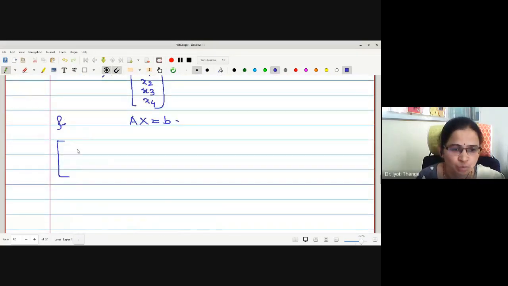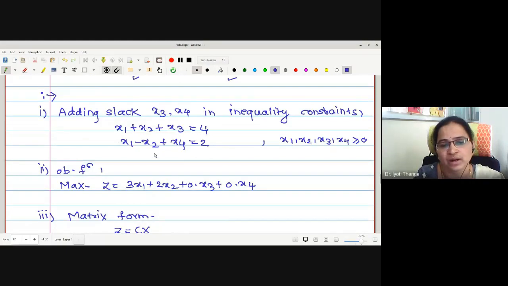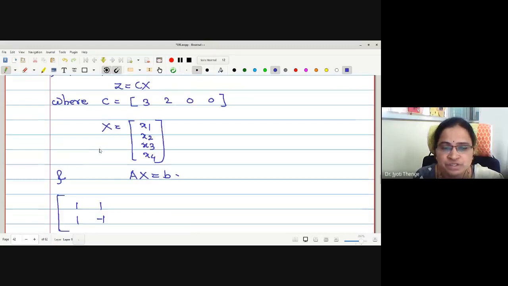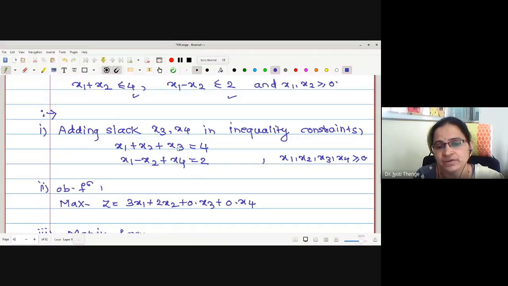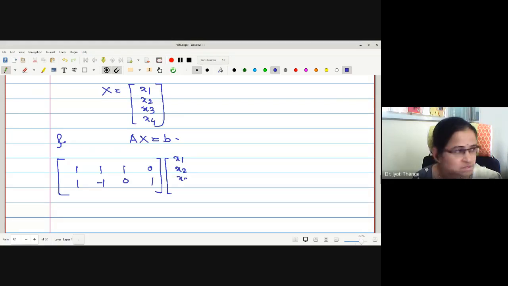Second is the coefficients of x2, 1 and minus 1. Coefficients of x3, as x3 is an added variable, this is 1, 0 and 0, 1. x1, x2, x3, x4. Right?